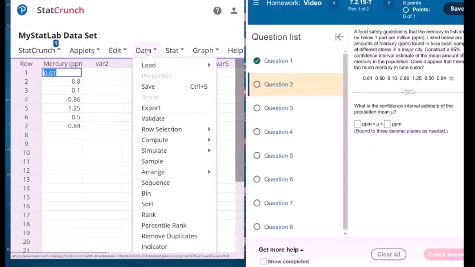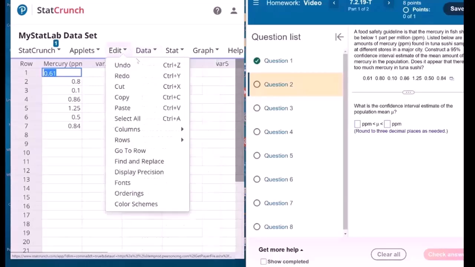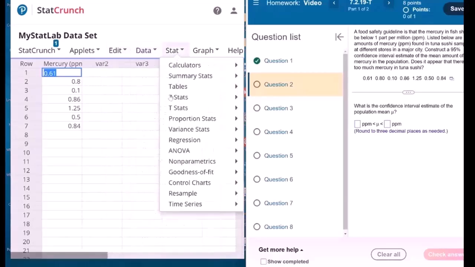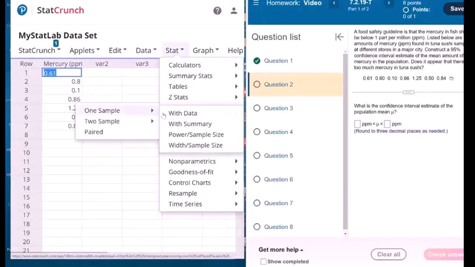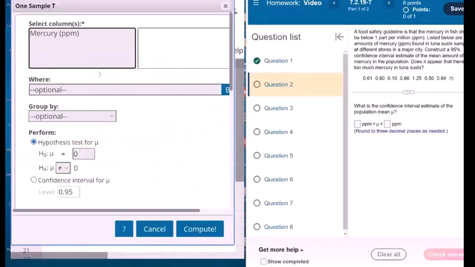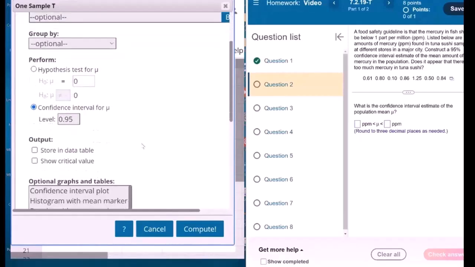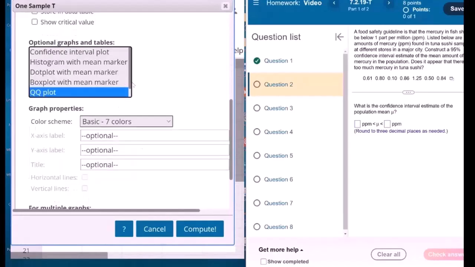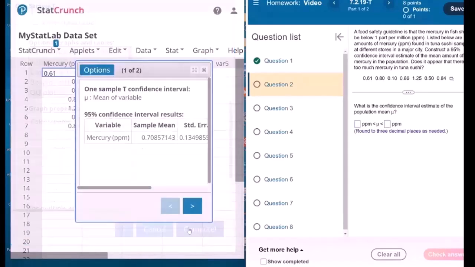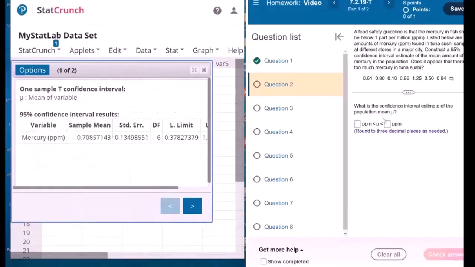Are we going to need a T or a Z? We're going to need a T-score because we did say it's normally distributed, but we don't have very much data. We're going to use our T calculator. One sample with data. There's my data. Confidence interval of 95%. What is the confidence interval estimate of the population mu?